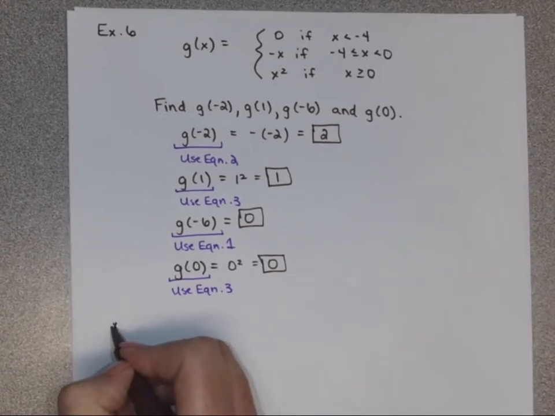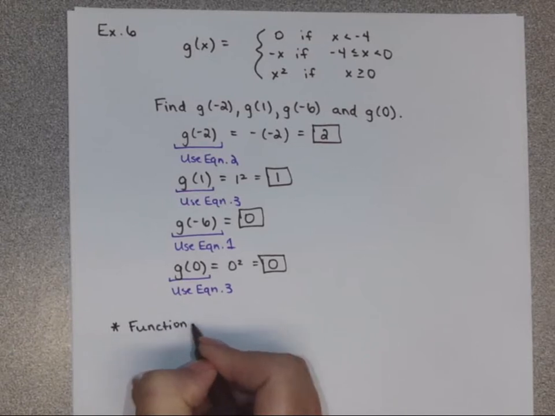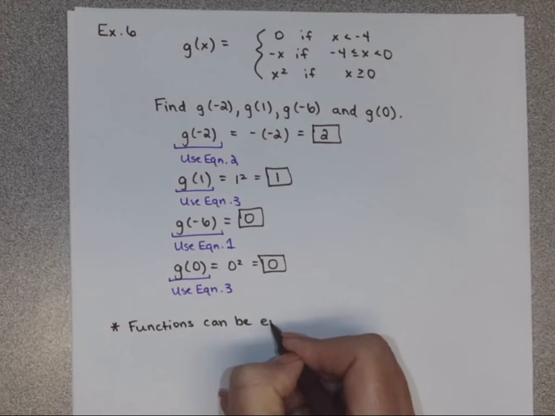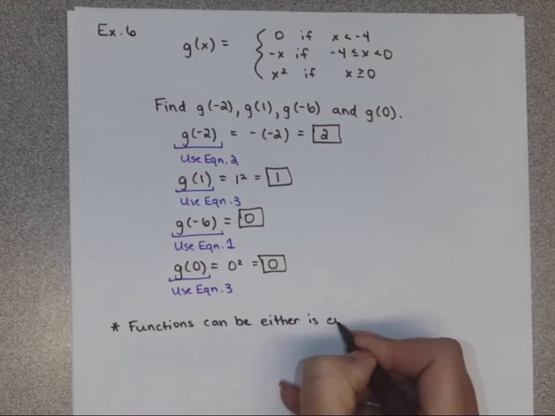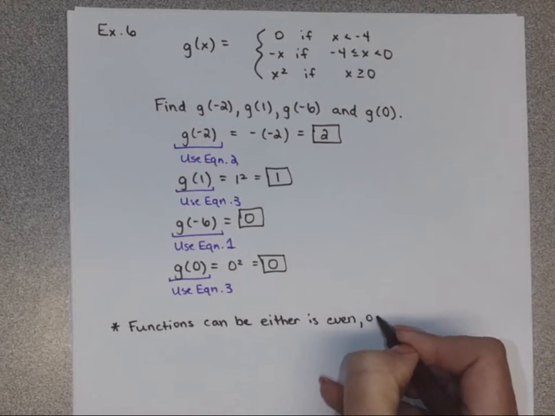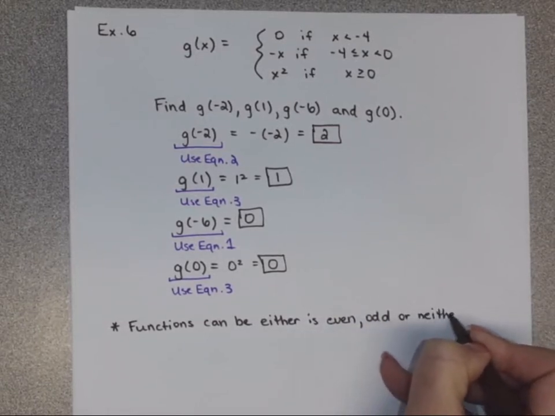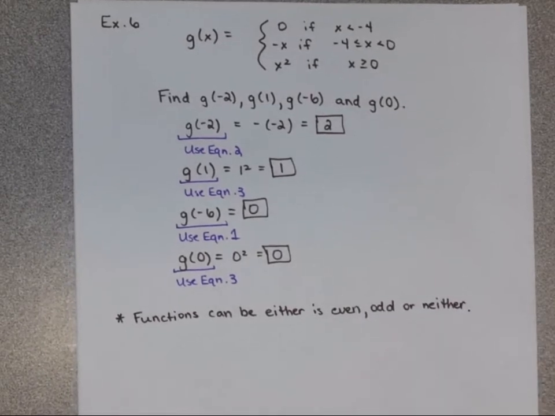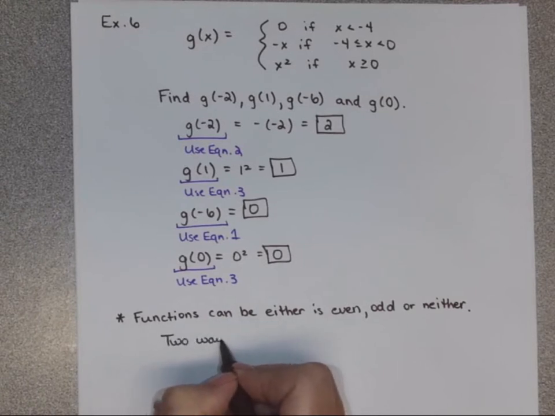Okay, so we've been talking about functions. Another category that I want you to be able to classify functions in is the following. We can show whether functions are even, odd, or neither. And this is going to have some graphing significance for us later. So there are 2 ways to show this.